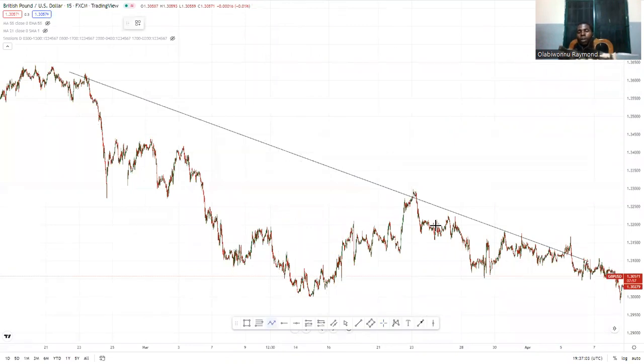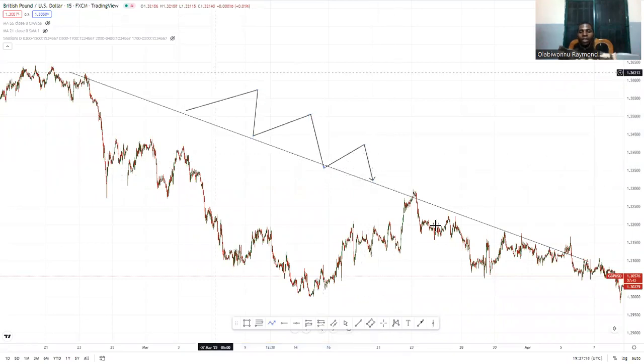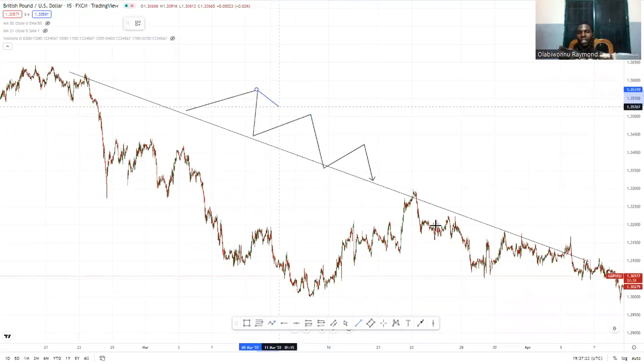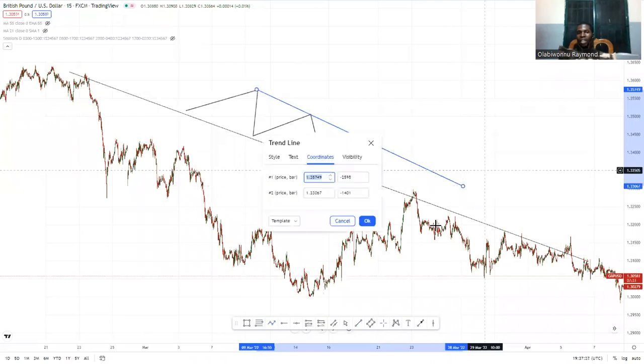So you have these movements in the market. What we do here is we connect this place together.